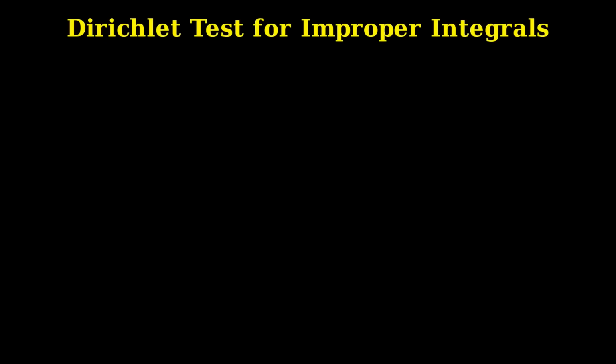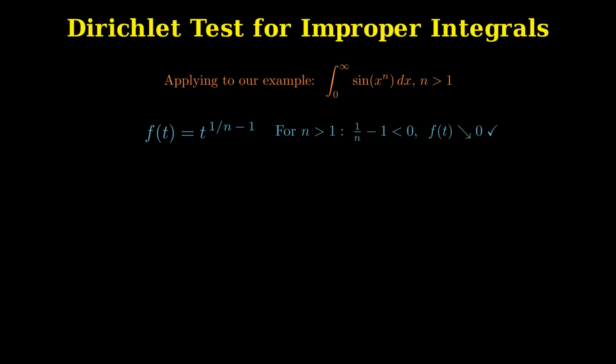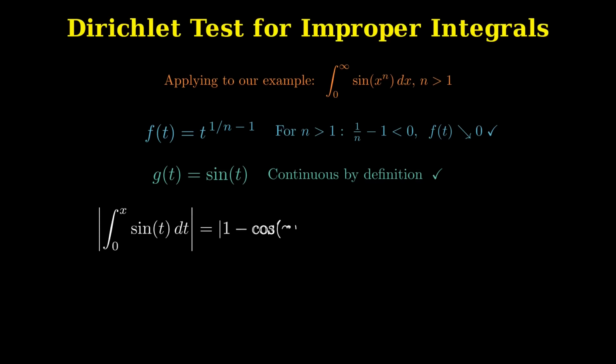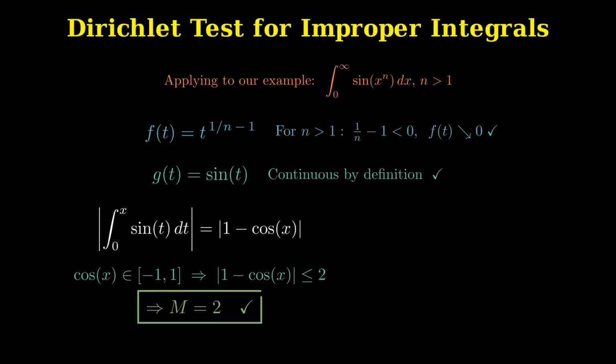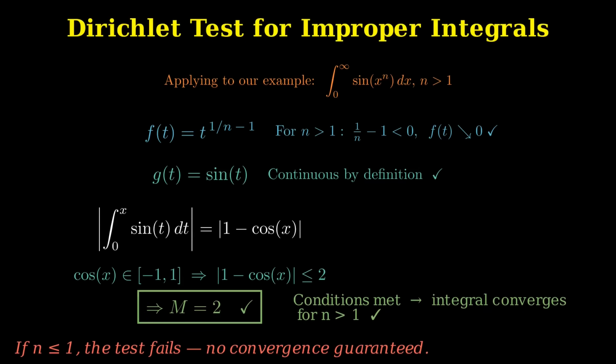For our case, if we let f of t equal t to the power of 1 over n minus 1 for some n greater than 1, this function decreases monotonically to 0. This means that g of t would equal sine of t, which we know is continuous by definition, and we prove it is bounded in that the integral from 0 to some arbitrary x of sine of t with an absolute value around it would be equal to the absolute value of 1 minus cosine of x.